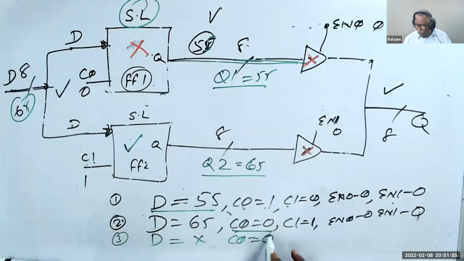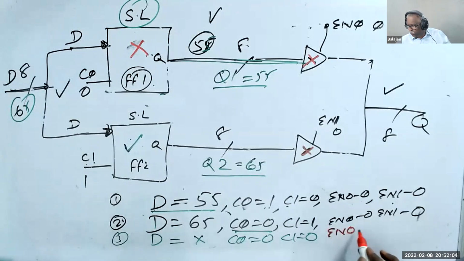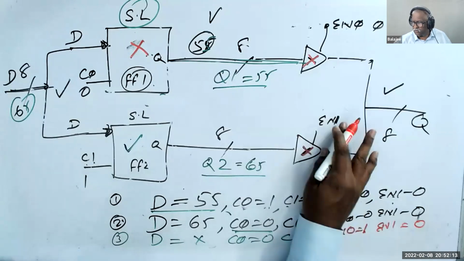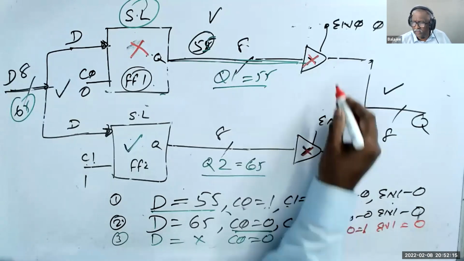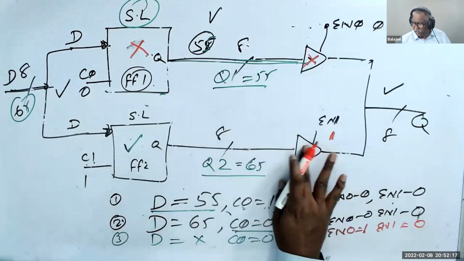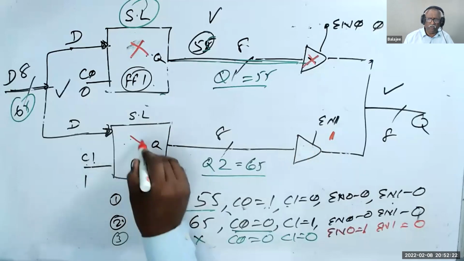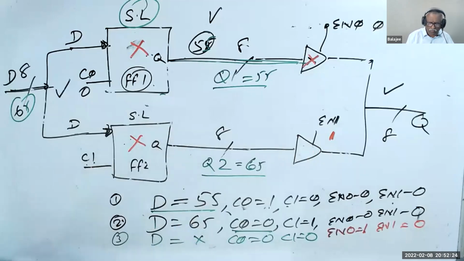But I make now enable 0 as 1 and enable 1 as 0. Since enable 1 is 1 now, and this is 0, and this is, let's put a tick mark here. That is wrong, off, because this is 0. But this one is on.